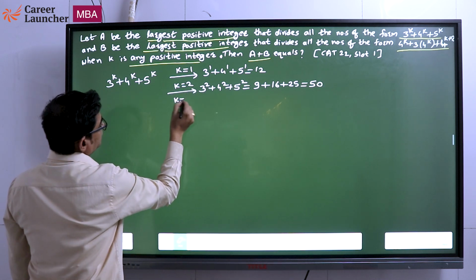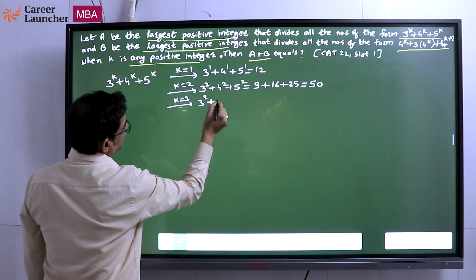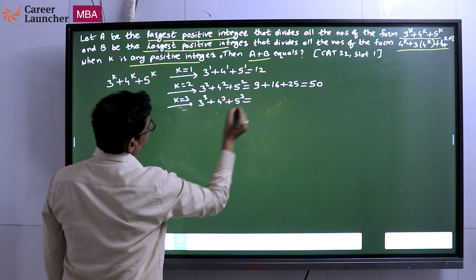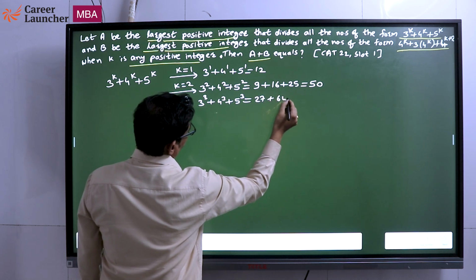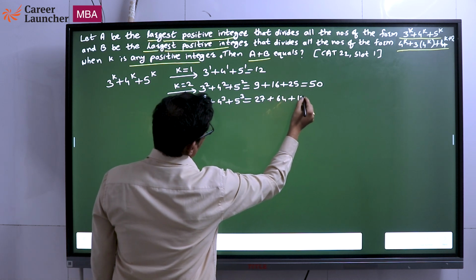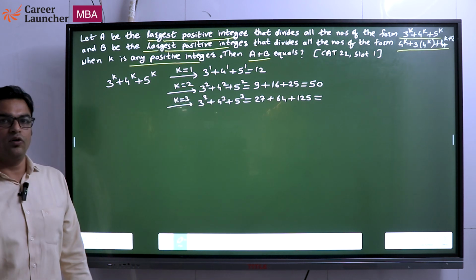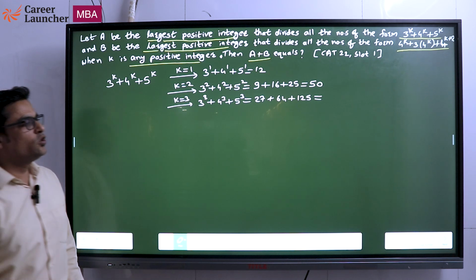When k equals 3, this number would turn out to be 3 cube plus 4 cube plus 5 cube. 3 cube is 27, 4 cube is 64, 5 cube is 125. 27 plus 64 is 91, 91 and 125, 216.